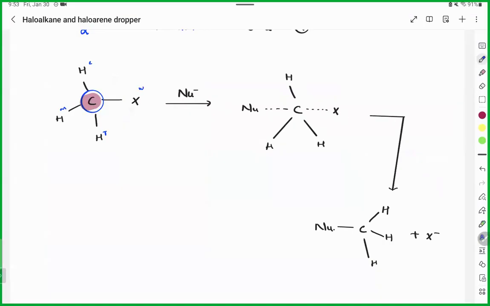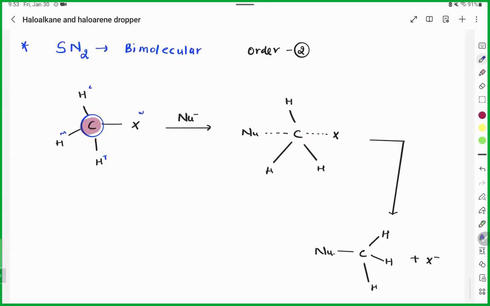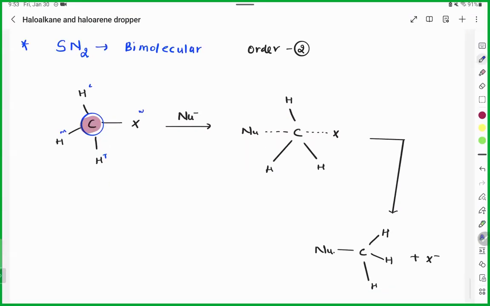So, Sarah, this is extremely important for you. We are doing the SN2 mechanism, bimolecular, where order is 2, meaning both the reactants are extremely important for the reaction, and we consider them practically. So what happened here? We have alkyl halide reacting with the nucleophile. One transition state will form. This is not an intermediate stage. Very important for your exam.